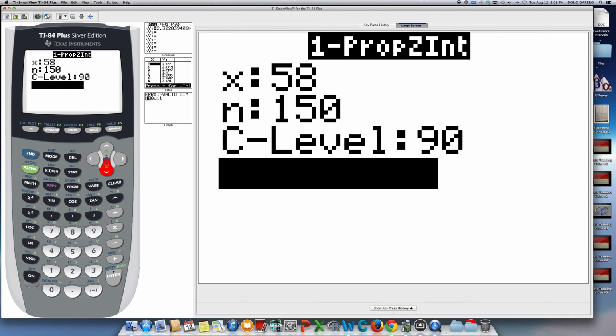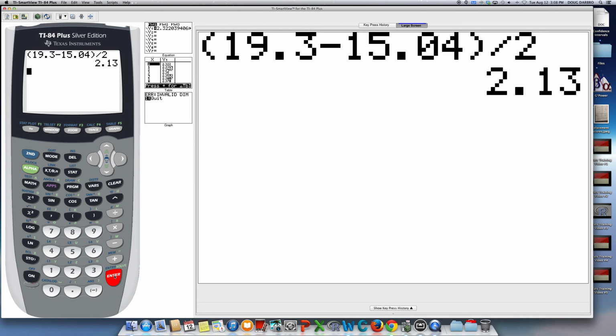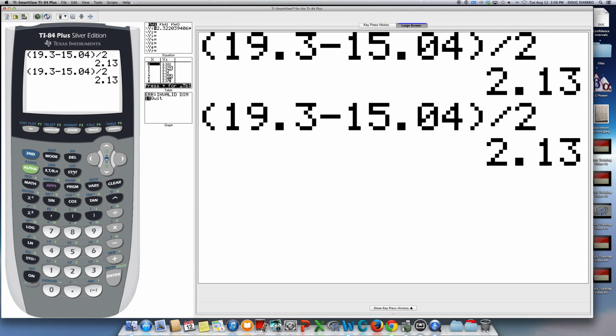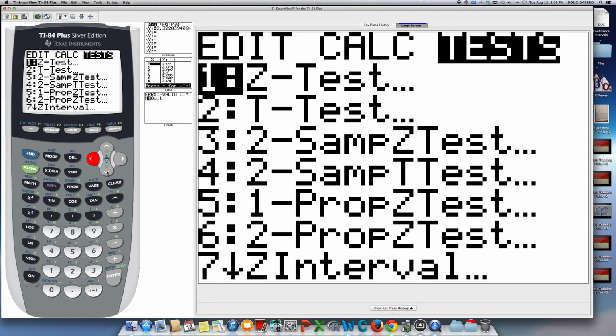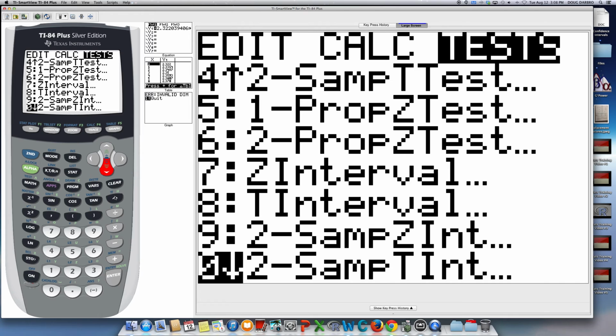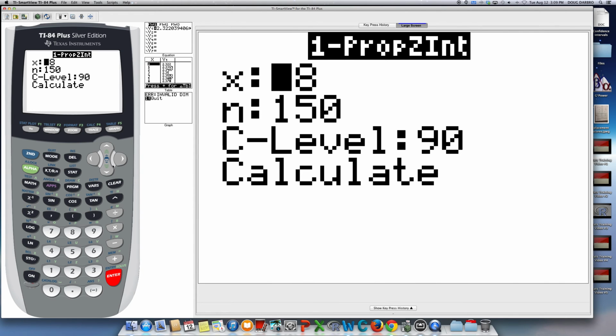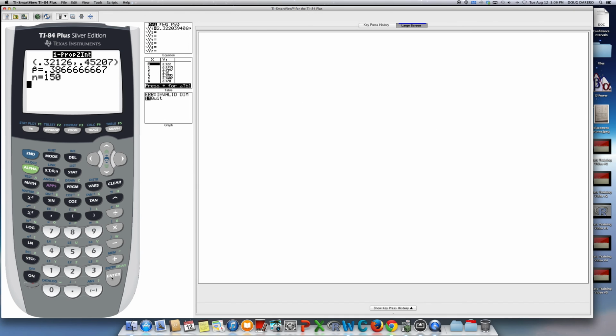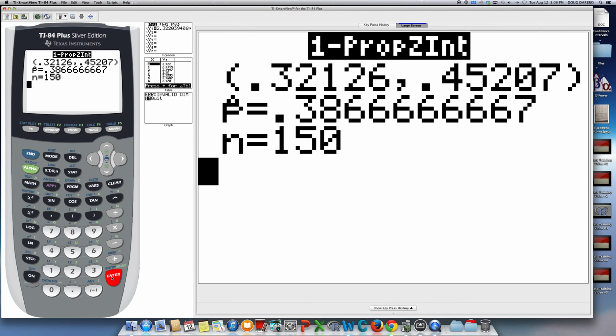Come down to calculate. And we get, just as we would think, 32.2% to 45.2%.